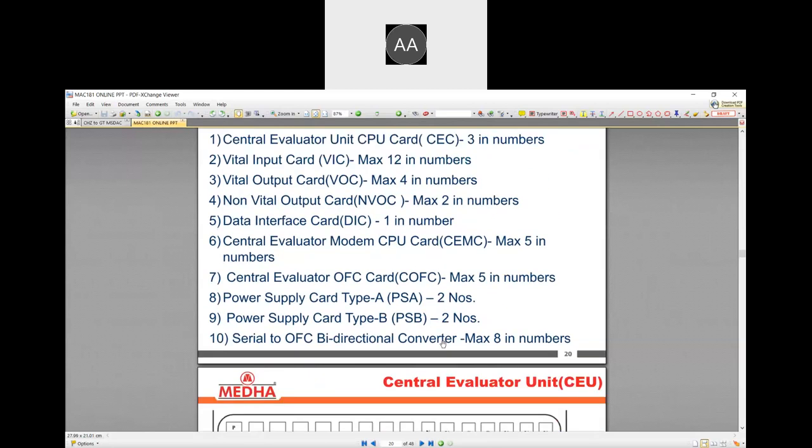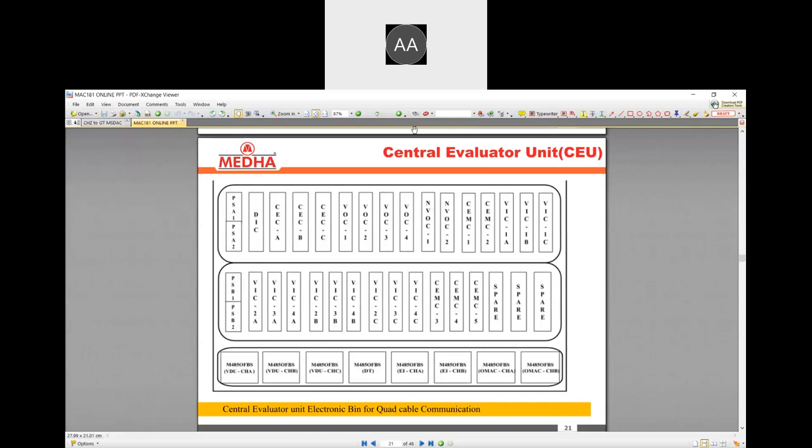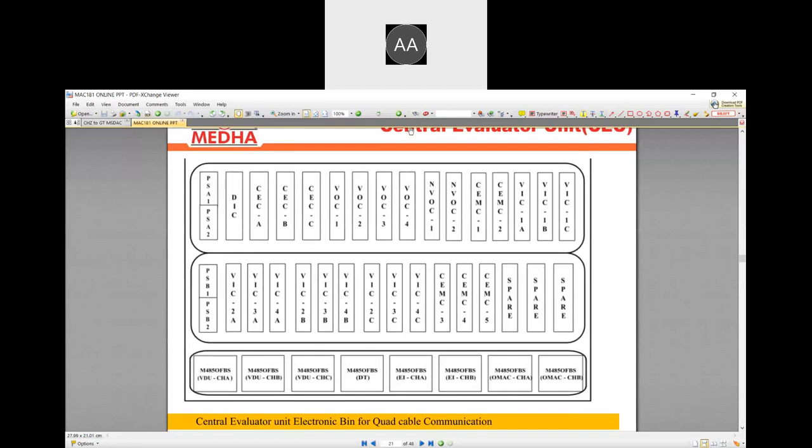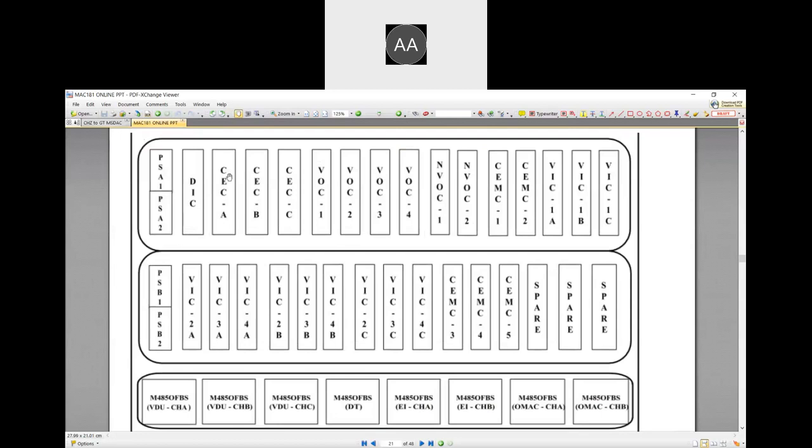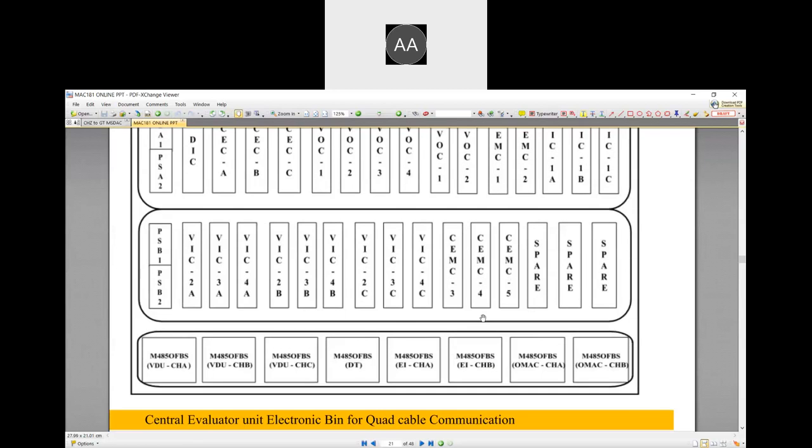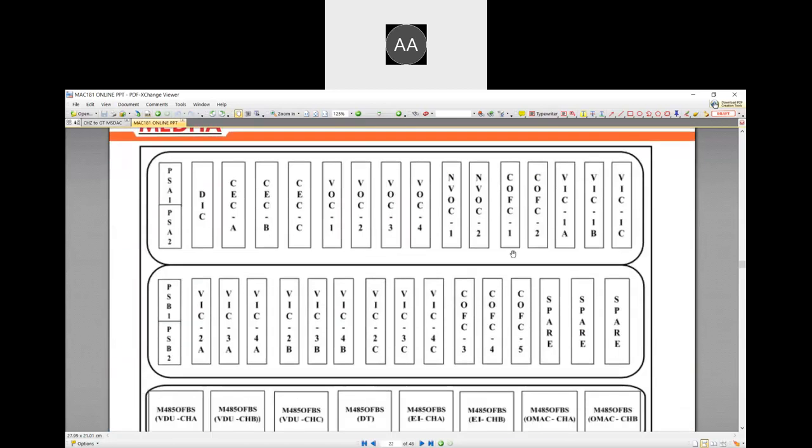So this is the front fascia, how the central evaluator looks. Here you can see CEC-A, CEC-B, and CEC-C. These are the 3 processors, and vital input cards for processor A, processor B, and processor C: A234, B234, and C234. Likewise, the DIC card is there, 2 power supply cards, and CEMC for quad communication, and the same will be replaced by COFC for OFC communication.